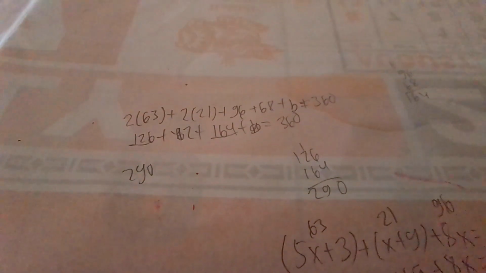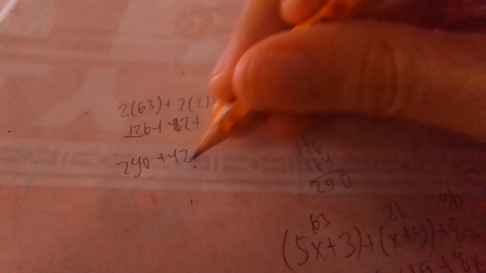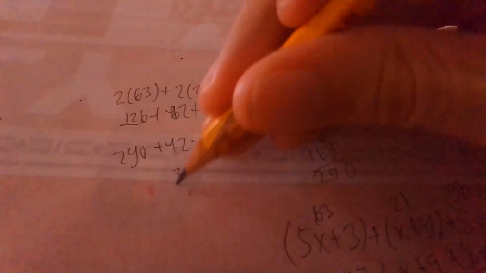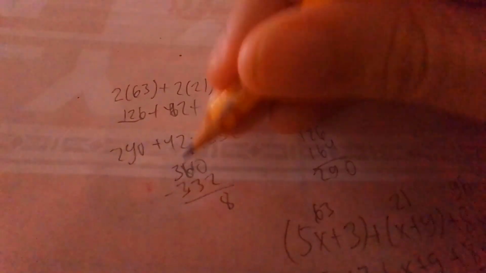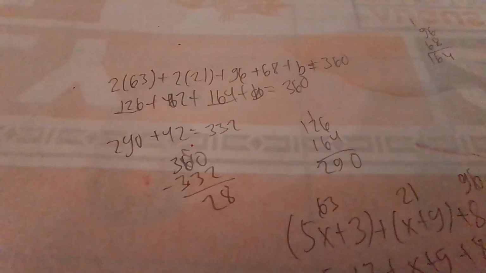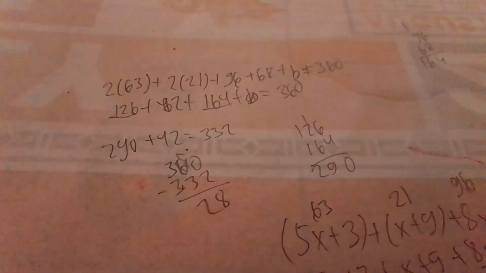That's 290, right? Now, 290 plus 42. That's supposed to be 332. Right? Now, 360 minus 332, you should get 28 degrees also. So, that would yield up to 28 degrees.